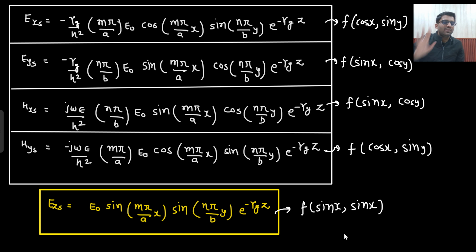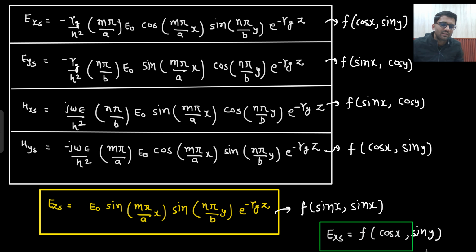So can you just remember one thing, that your EXS is a function of cos x and sin y? Because if your electric field is in the x direction, then where will your magnetic field be? In the y direction.